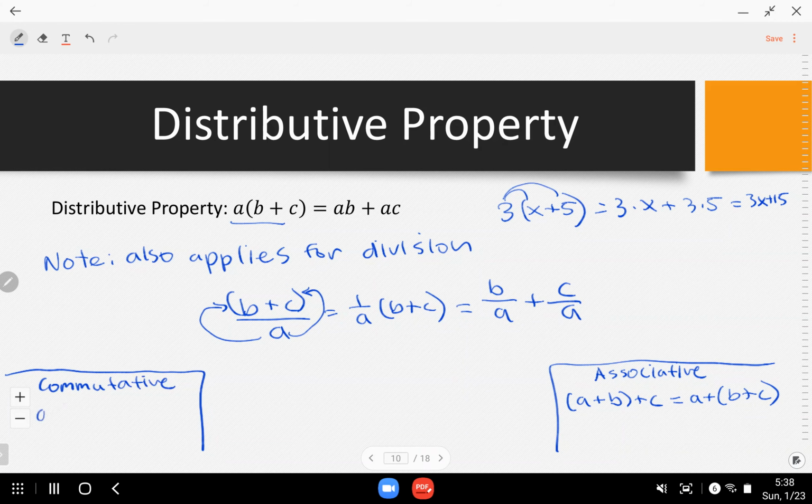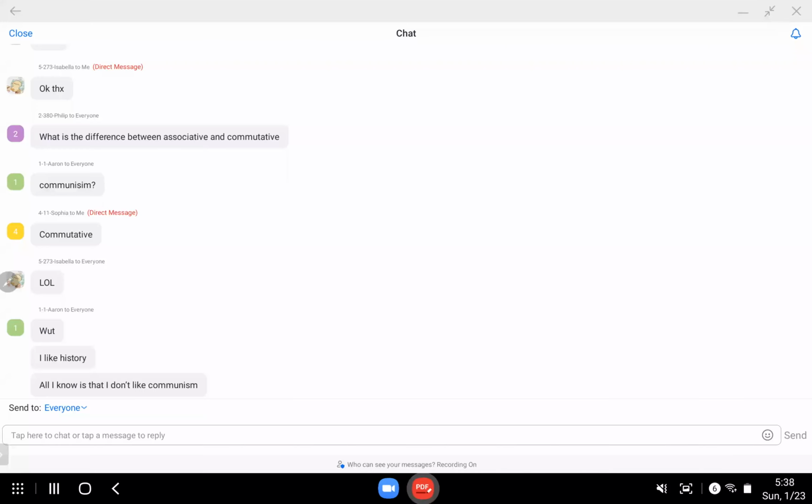So A plus B plus C, we can arrange that as B plus C plus A. Like 3 plus 4 plus 5 is equal to 4 plus 5 plus 3. Really easy stuff. Again, the distributive property is really the one you want to worry about, but commutative and associative are pretty easy.